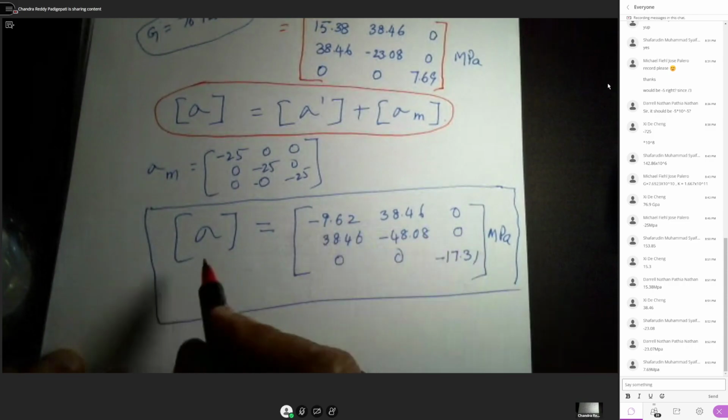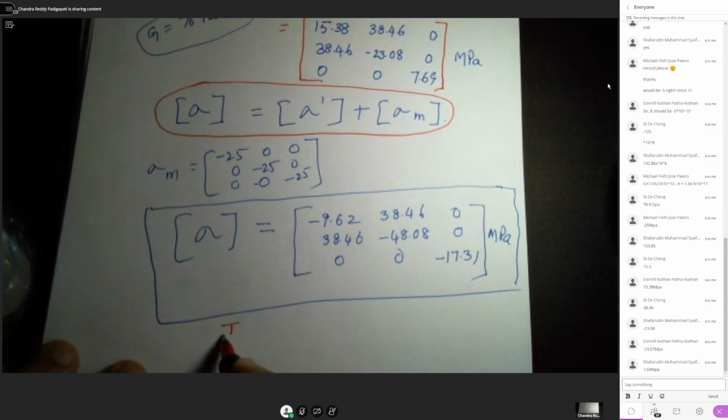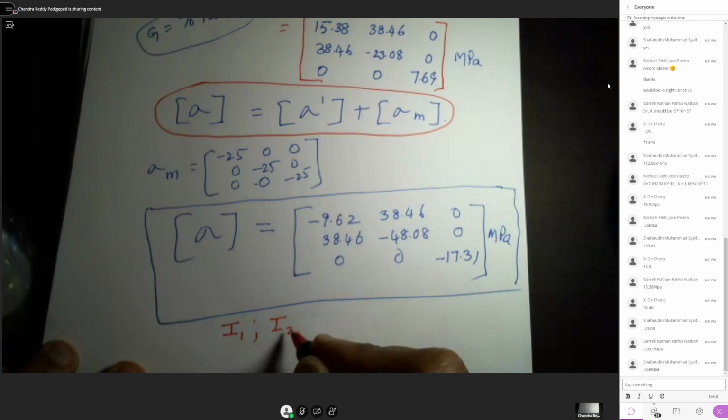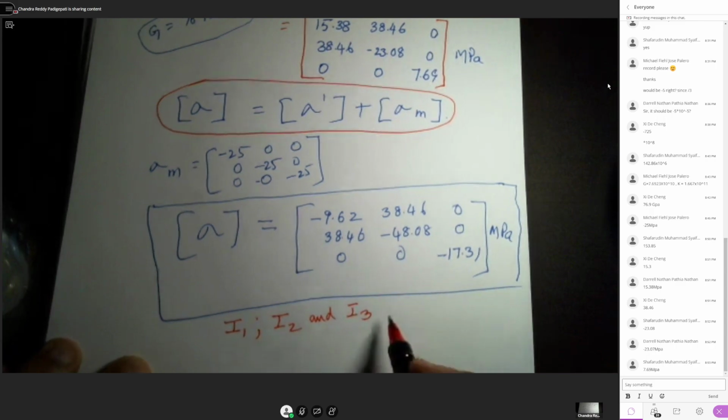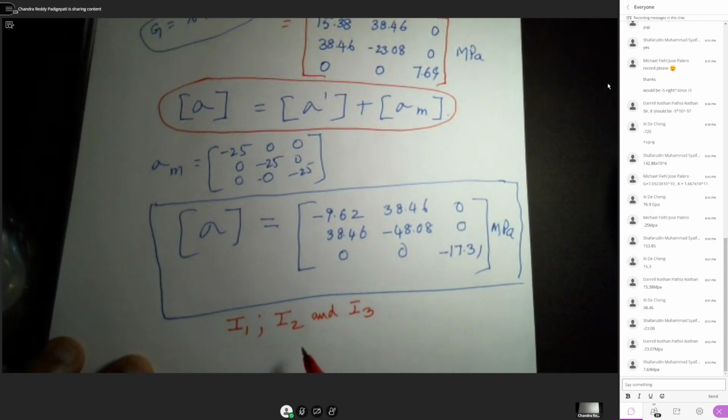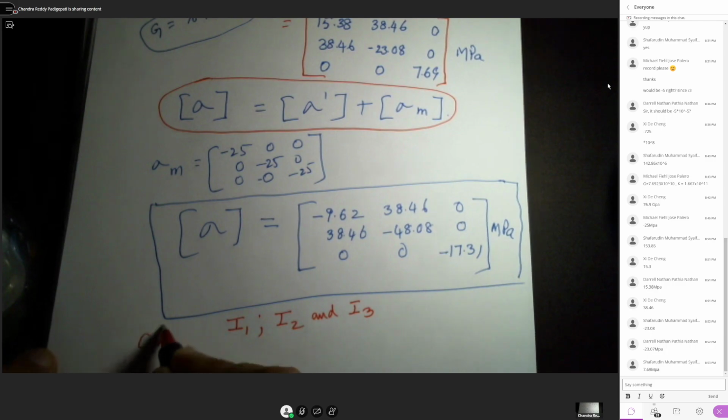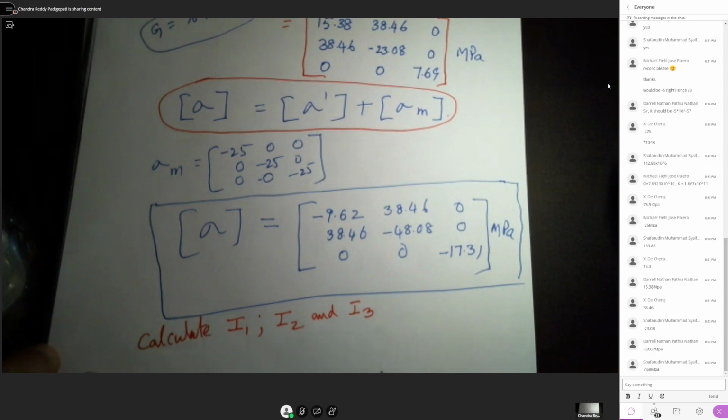Okay, now for this stress tensor, you need to calculate I1, I2, the first stress invariant, the second stress invariant, and I3. Once you calculate this, then you can write the characteristic equation for the state of stress. So calculate I1, I2, I3.